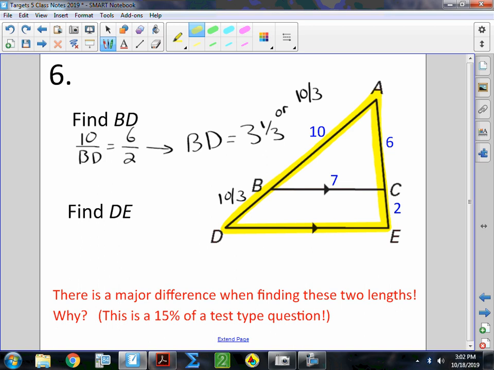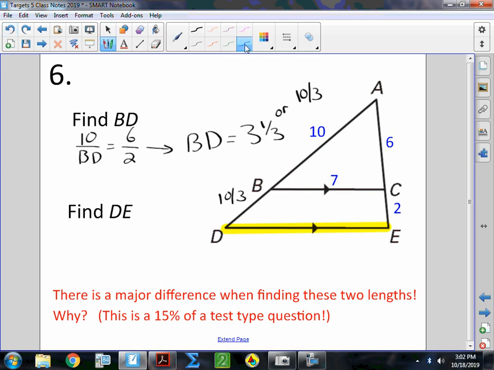Identify similarity statements. Target number 2, use similarity theorems to solve problems. You can include in that finding the scale factor. So DE is the side of a triangle.